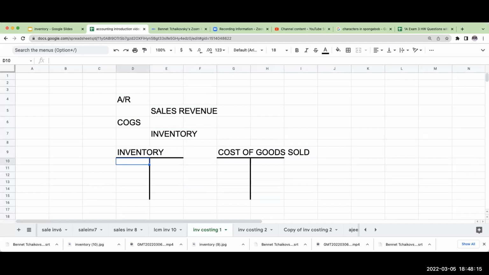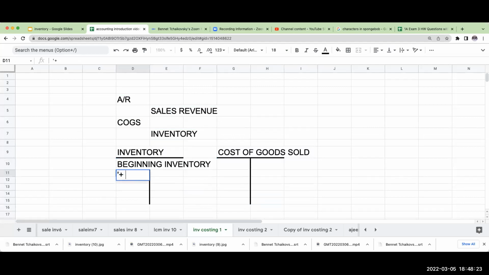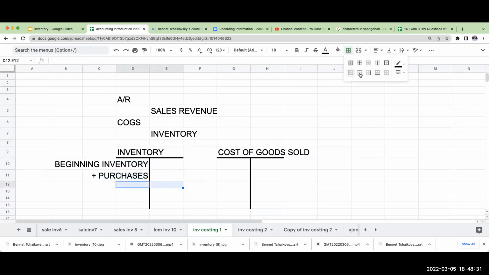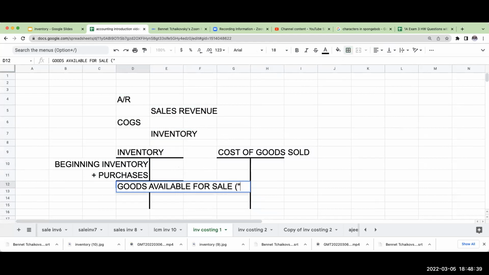Now, when it comes to inventory, we have our beginning inventory plus our inventory purchases. This is going to give us something called goods available for sale, or GAS.